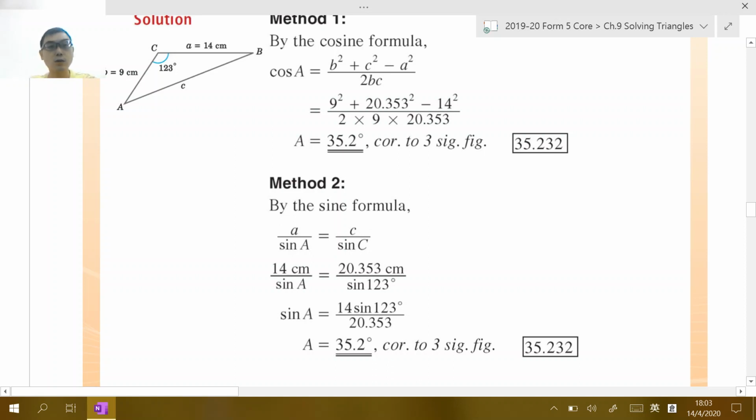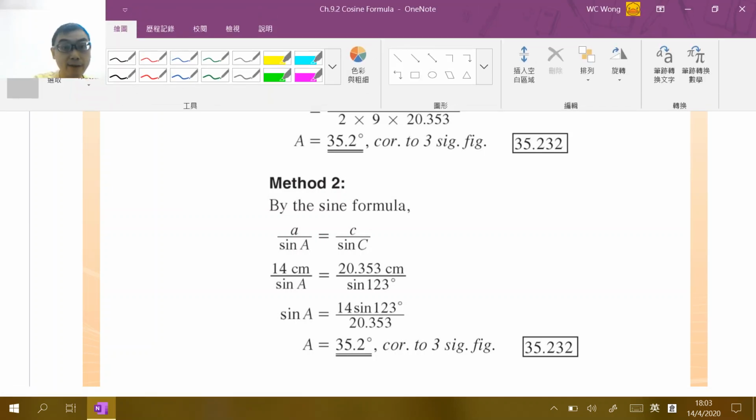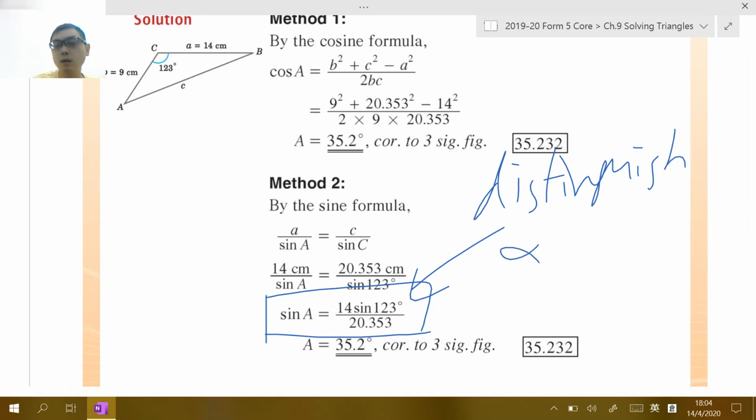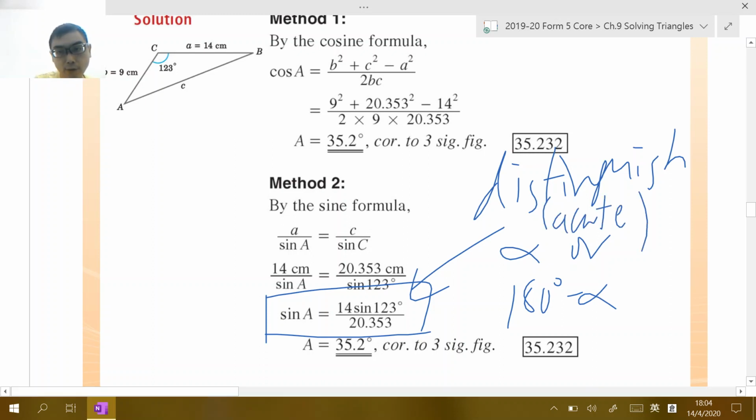But I don't suggest using the sine formula, because as we mentioned, this one may have a problem: you have to distinguish whether you have to take the smaller angle or the larger angle. That means you have to know whether you have to find an acute or obtuse angle. And actually, if you use the sine formula, you cannot see whether this angle should be acute or obtuse unless you are looking at the length of the sides.